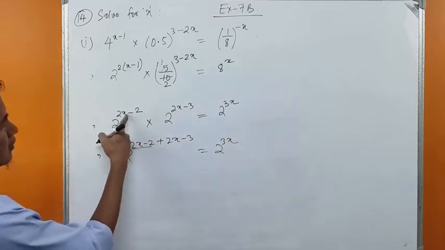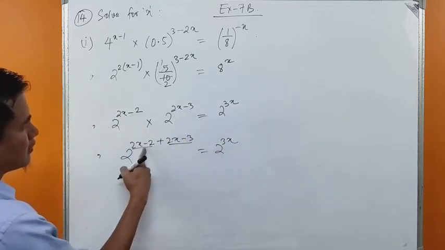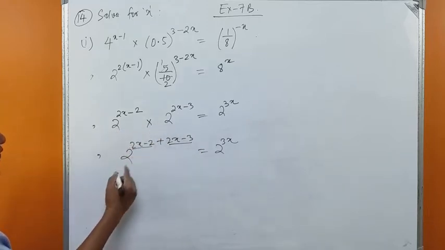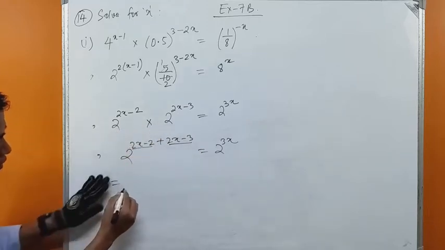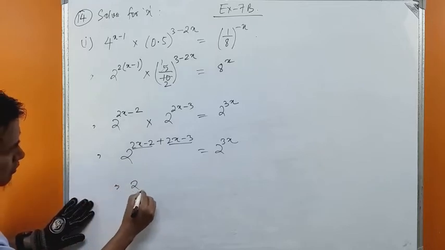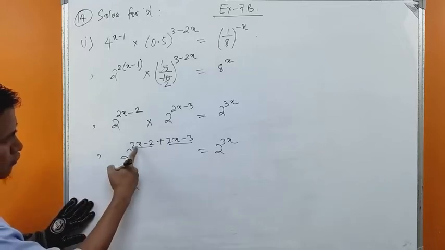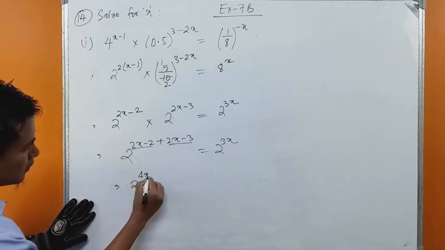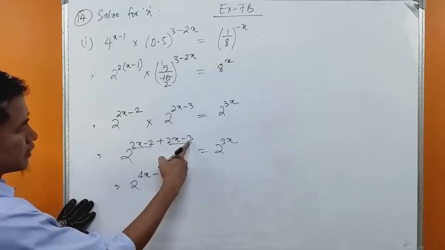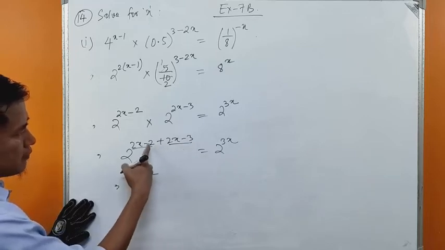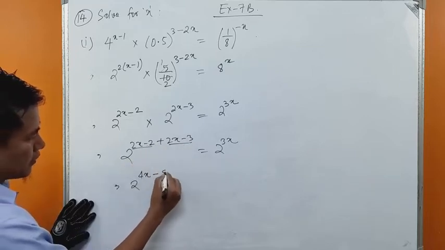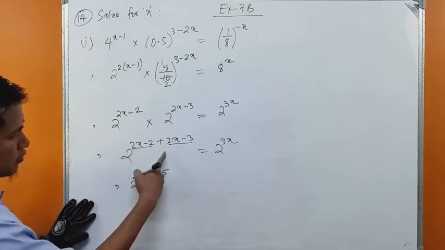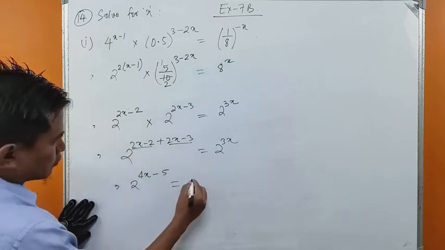This power and this power are being added because same base and multiplication sign in between them. This gives us 2 to the power 2x plus 2x is 4x, minus 2 minus 3, same sign, is minus 5.